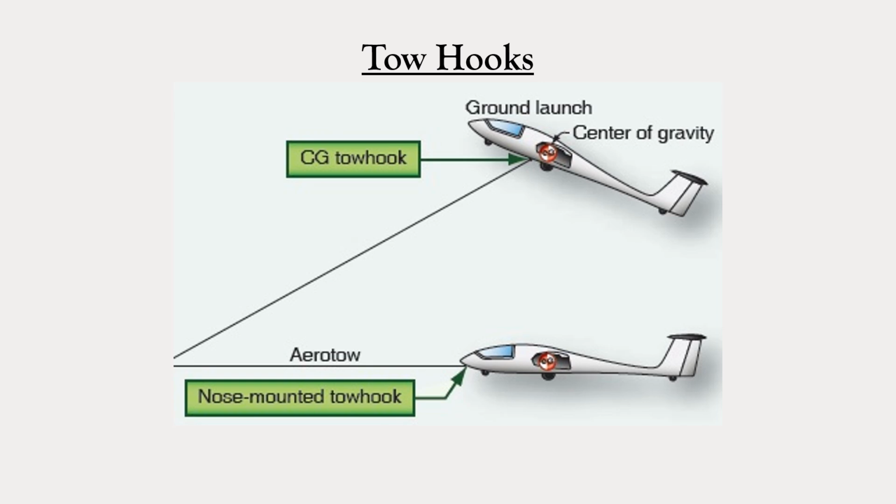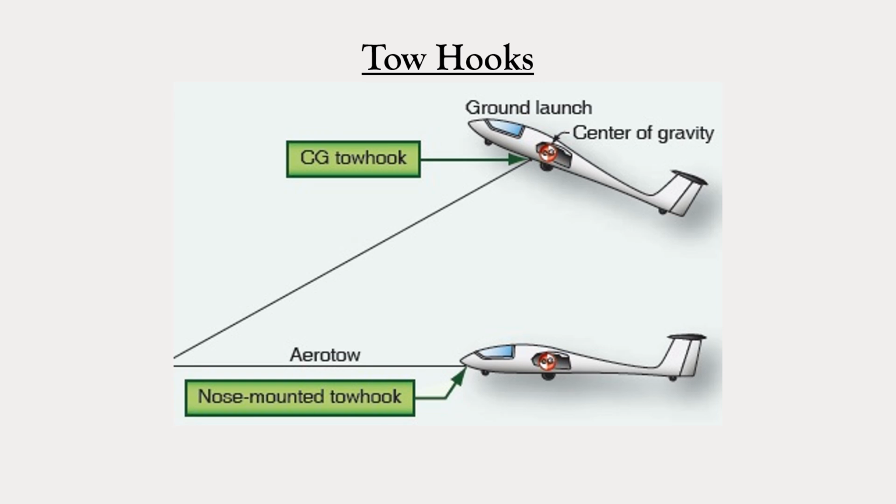Many of our gliders also have a CG hook that's located up under the glider near that main wheel. The CG hook is much better suited for launching with the winch. The Grobes have both kinds, so we have to use the correct one depending on which type of launch we're doing.